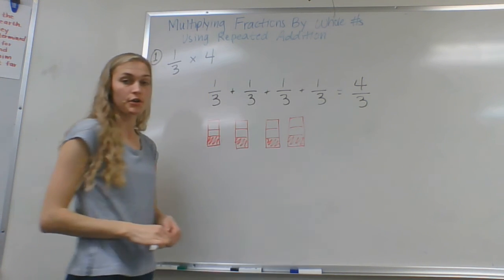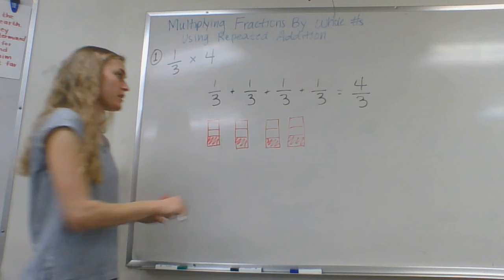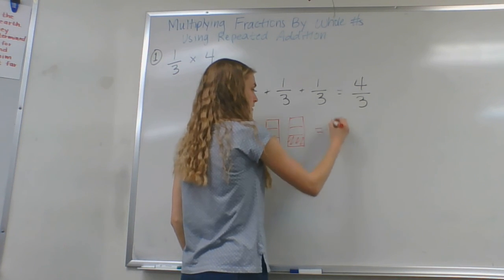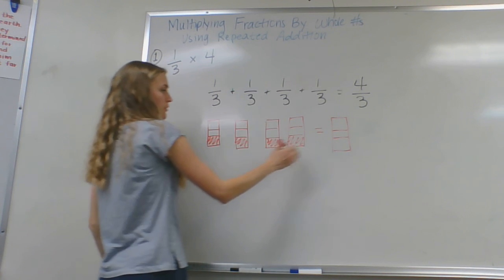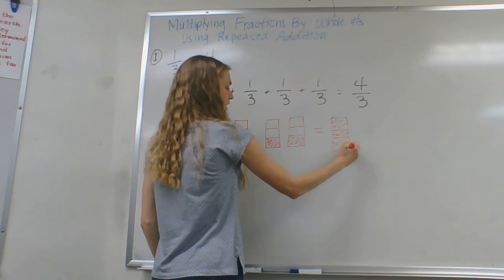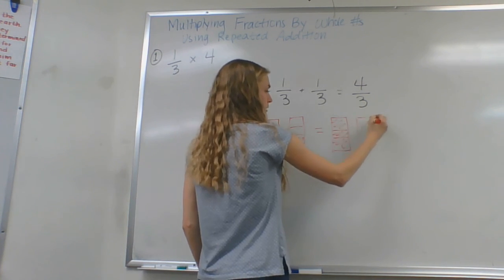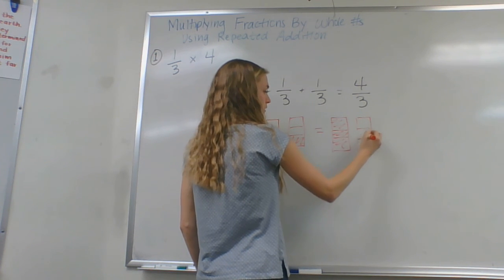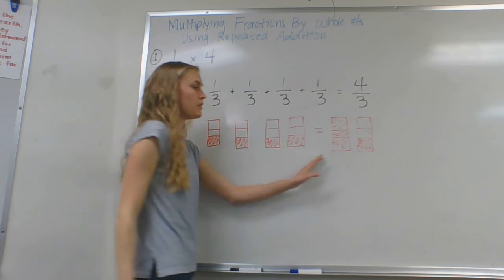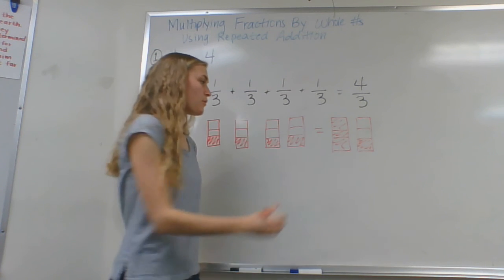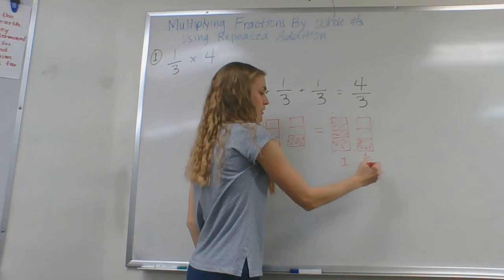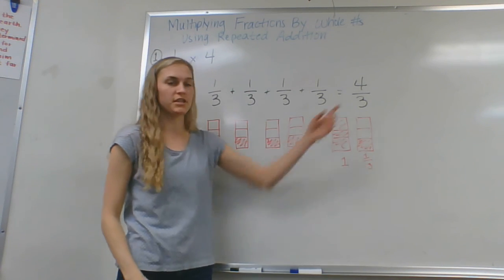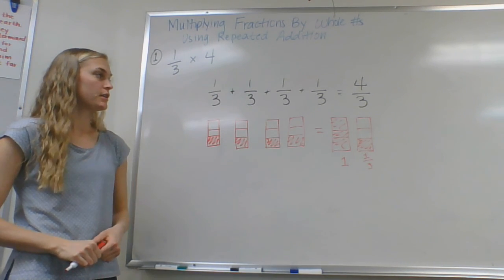Okay, so there's 1/3, 4 times. We're going to put that equals, if we combine them all, we got 3 here, and then we have 1 more. That will go in a second model. 4/3, or 1 and 1/3. 4/3 equals 1 and 1/3.